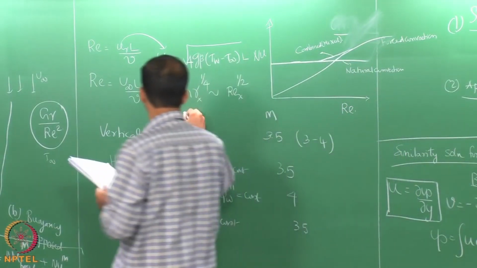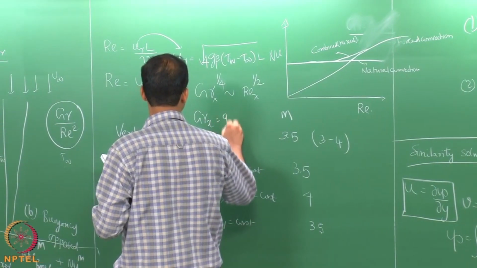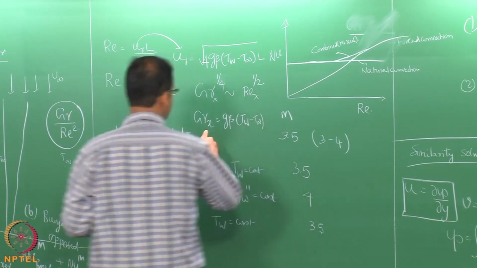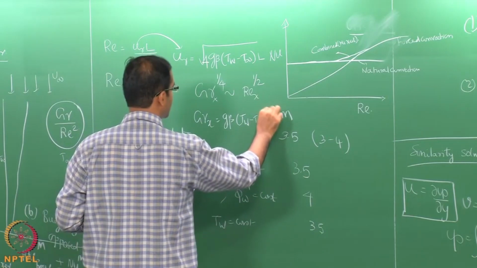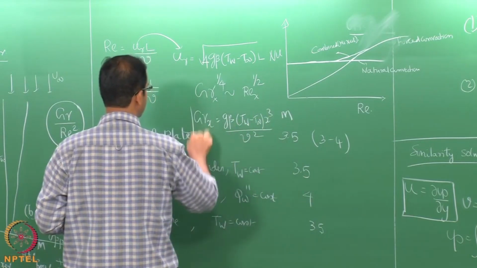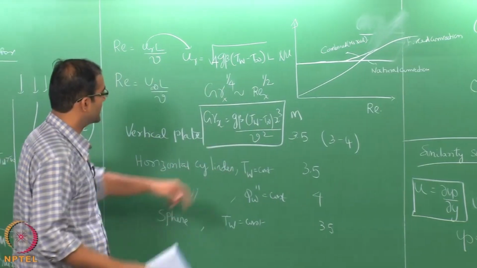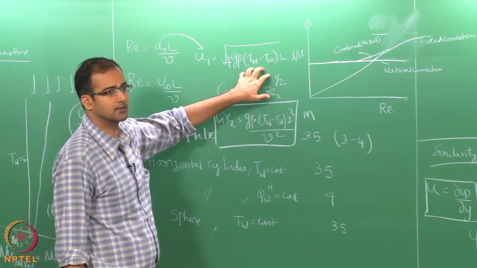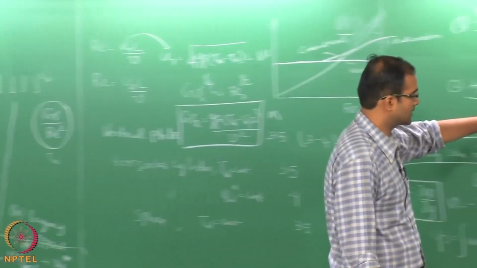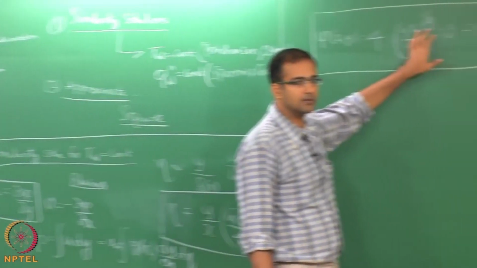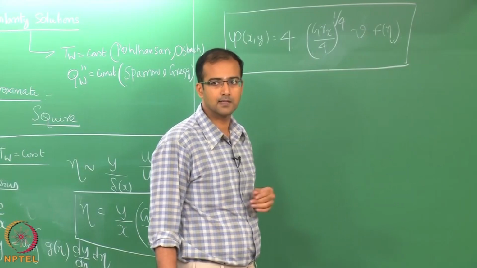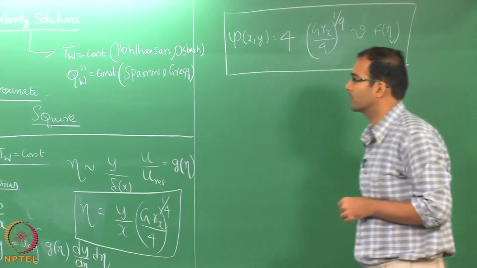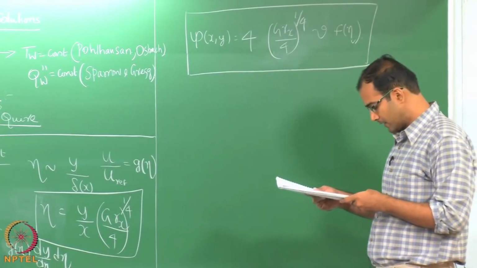Since we know the definition of Grashof number as g beta into T wall minus T infinity, this is a local Grashof number, we will define it with the local coordinate. So, I am just substituting for g beta into T wall minus T infinity as Grashof number into nu square by x cube, and already I have a Grashof number. So, I just combine the terms and finally, I will get this as my relation between psi and f. Okay. So, therefore, I find the transformation.